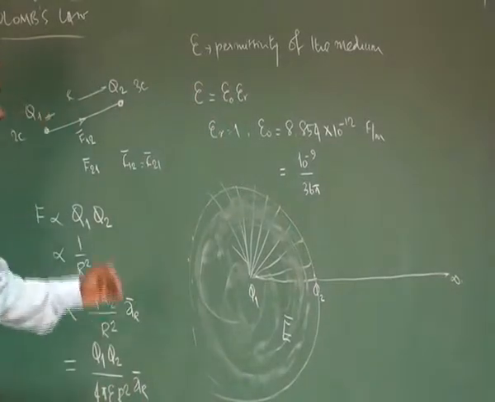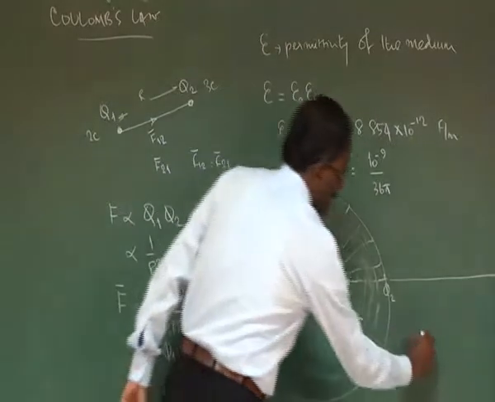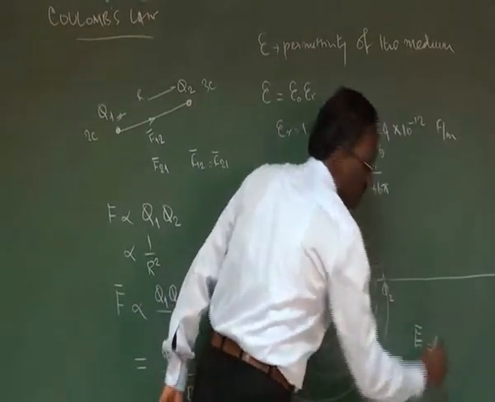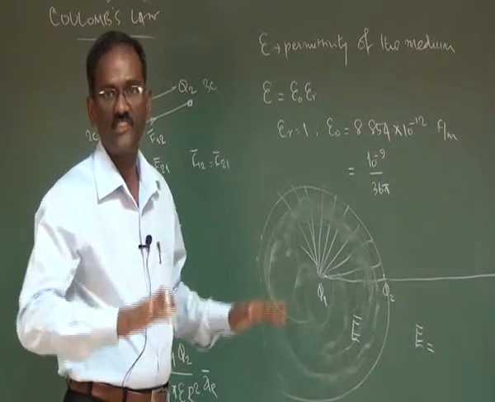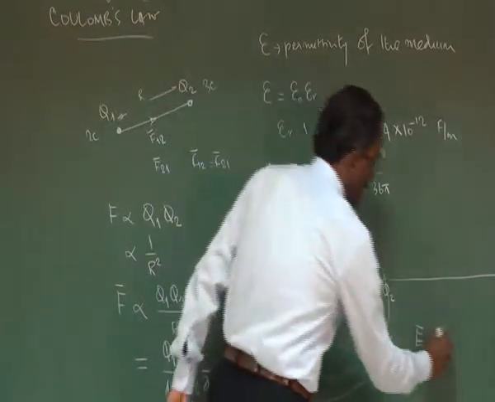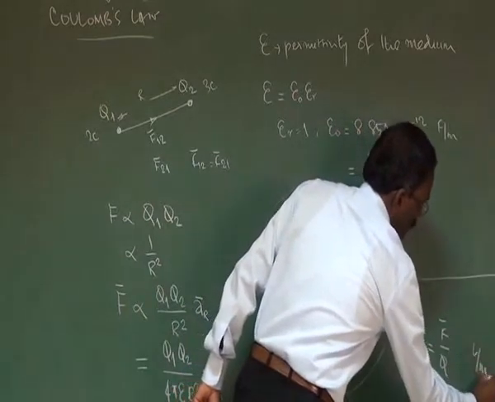So next I will find the electric field intensity, that is E value, for point charges and line charges and surface charges, etc. This E can be written as F divided by Q. Its unit is voltage per meter.